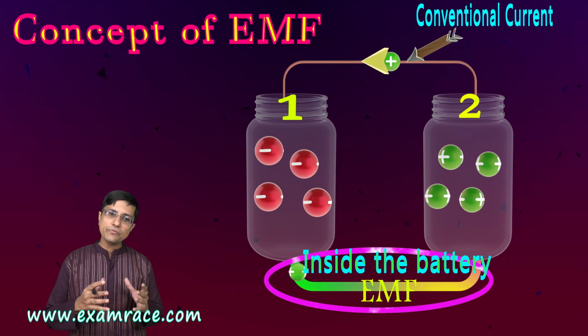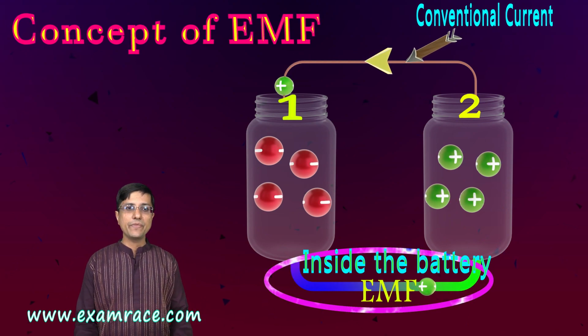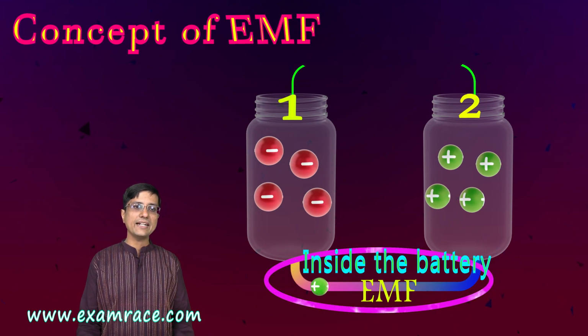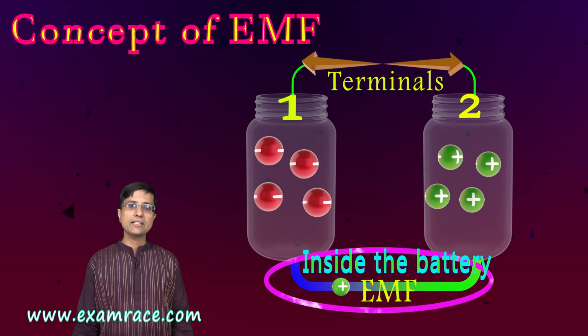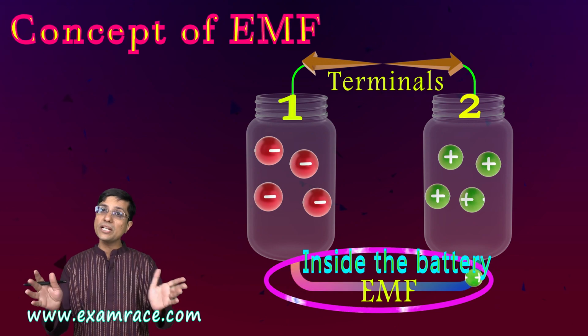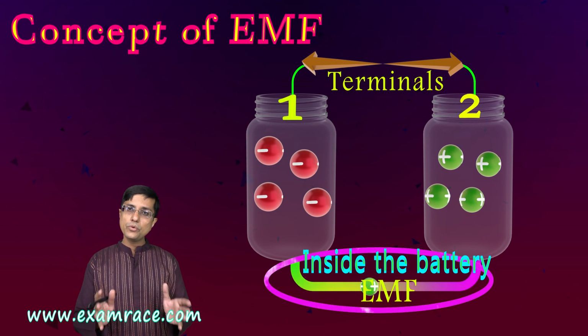What happens as a result of this EMF? This work done by the battery is actually available at the 2 terminals of the battery. These 2 jars, the tops of the jars, are actually the 2 terminals of the battery.